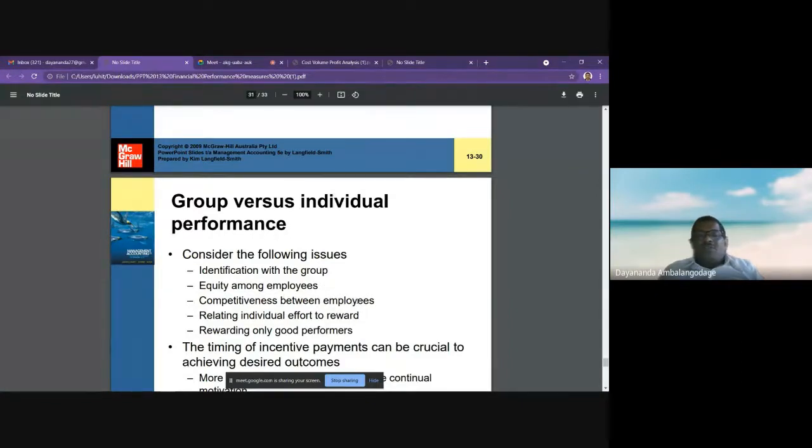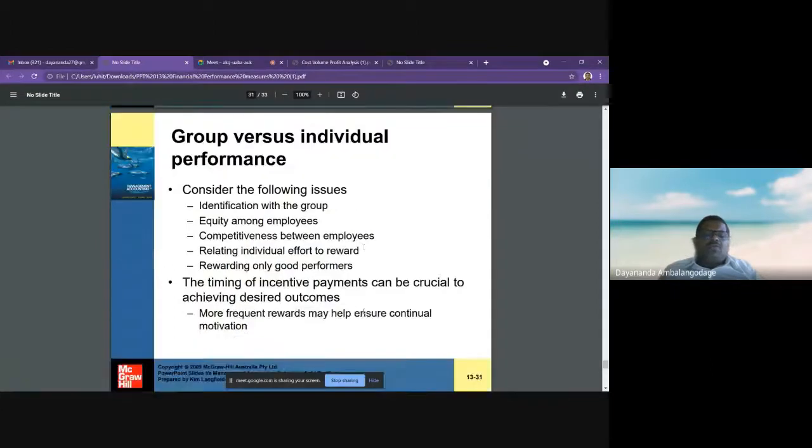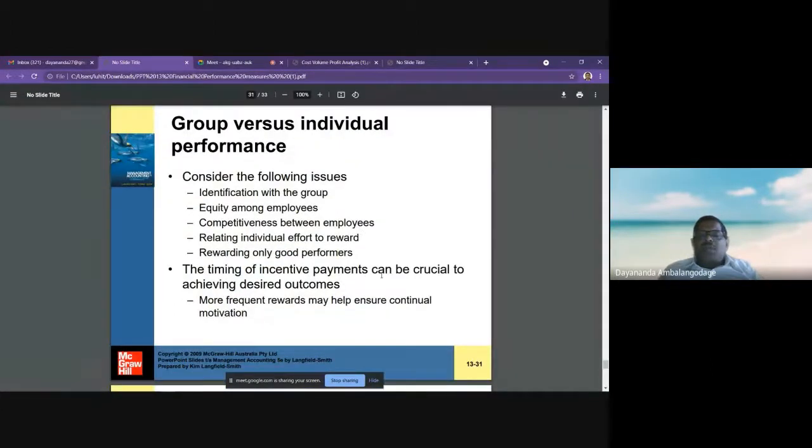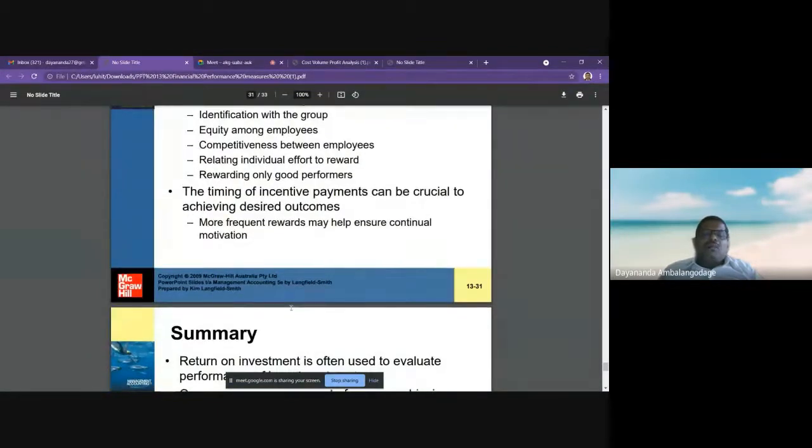Competitiveness between employees: if you are giving individual rewards, I think there will be comparison related to individual efforts, rewards, and rewarding only good performance. The timing of incentive payment can be crucial to achieve the desired outcome. More frequent rewards may help ensure continuing motivation.